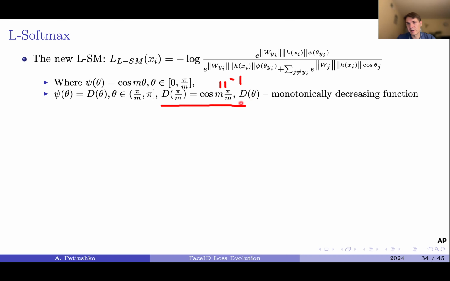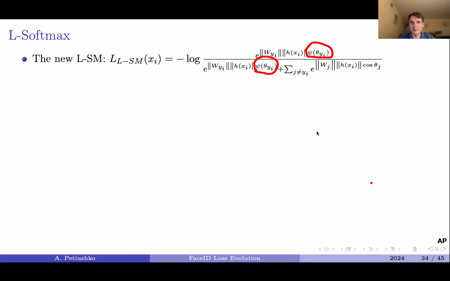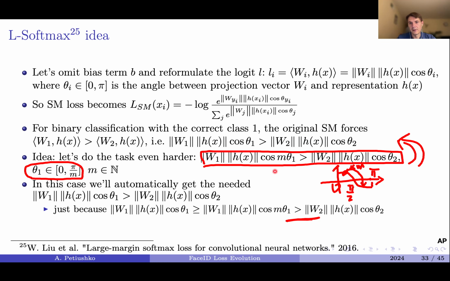And it should still be a monotonically decreasing function, so that when we jump lower with this multiplication, this inequality is still satisfied.